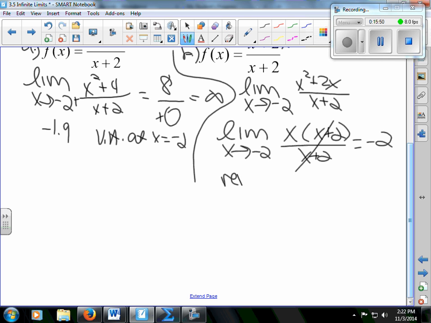This is a removable discontinuity at x equals negative 2 because my limit existed.